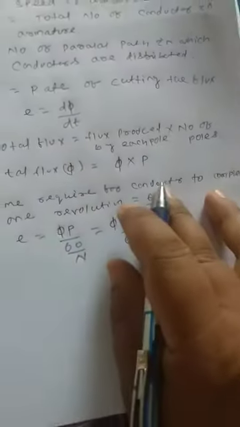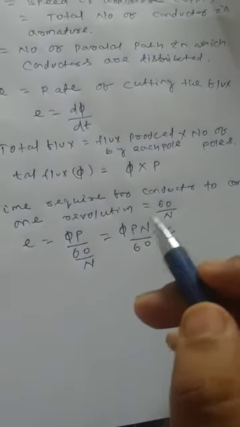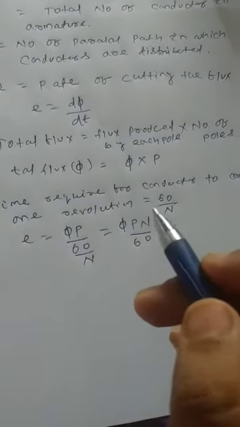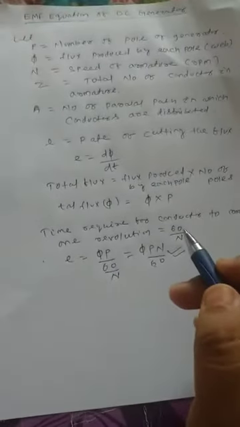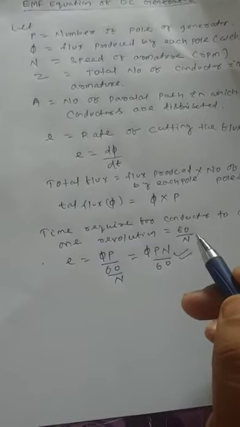for one conductor. The total number of conductors is Z, arranged in A parallel paths.